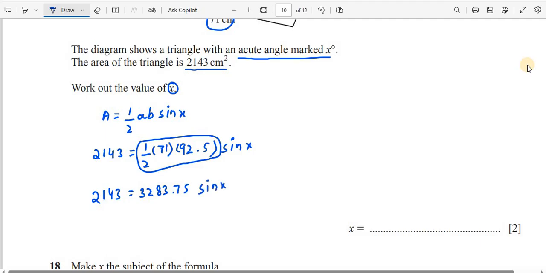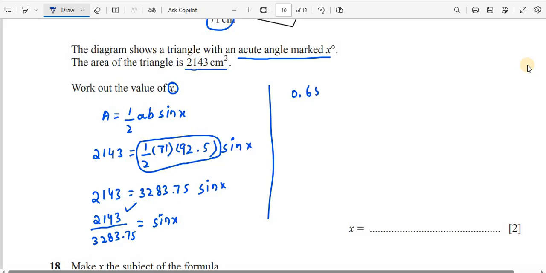So divide on the other side: 2143 divided by 3283.75 is equal to sine x. After dividing these two values we get 0.6527 is equal to sine x.